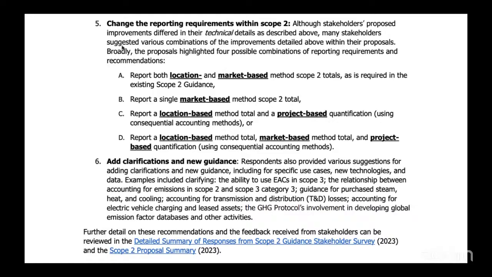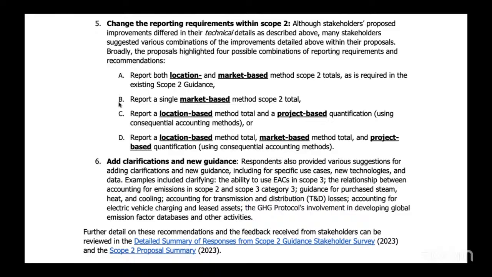Many stakeholders suggested various combinations of the improvements detailed above within their proposals. The proposals highlighted four possible combinations of reporting requirements and recommendations. A. Report both location and market-based method Scope 2 totals as is required in the existing Scope 2 guidance.